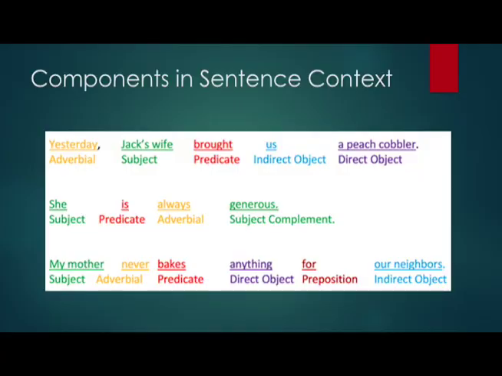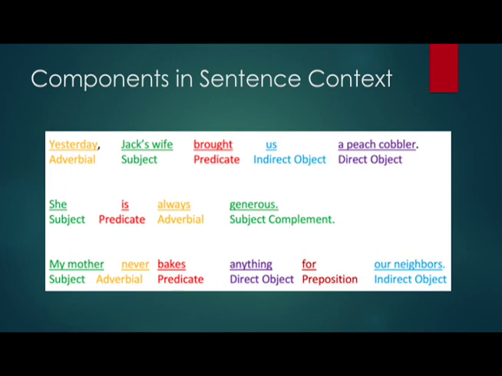All right, let's look at some of these components in a sentence context. First sentence: "Yesterday Jack's wife brought us a peach cobbler." "Yesterday" is an adverbial; "when" is how we ask about that. "Jack's wife" is the subject. Who brought us the peach cobbler?